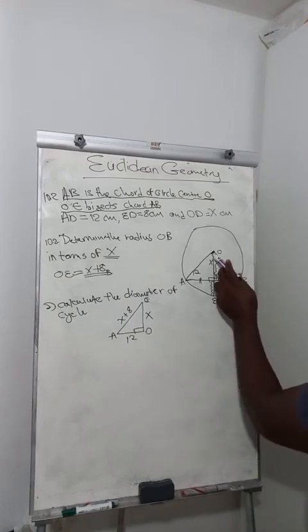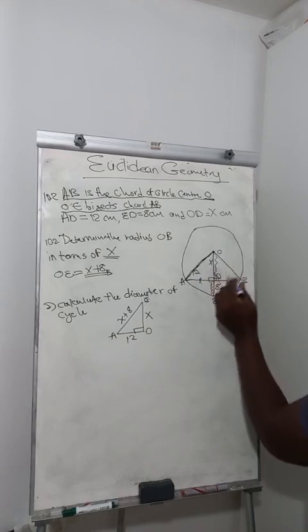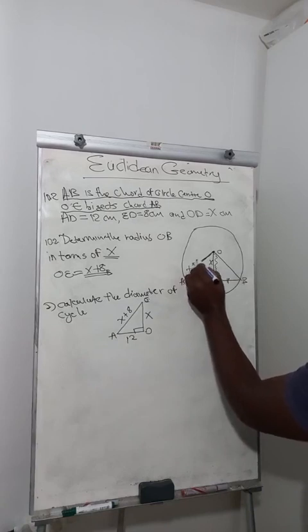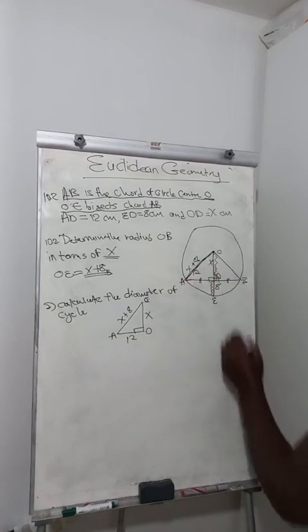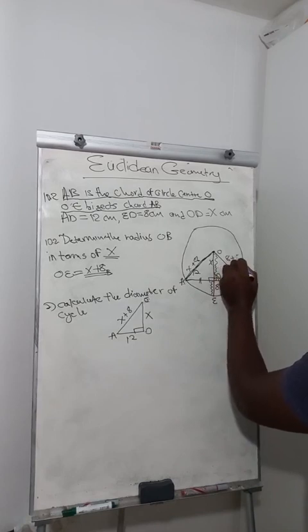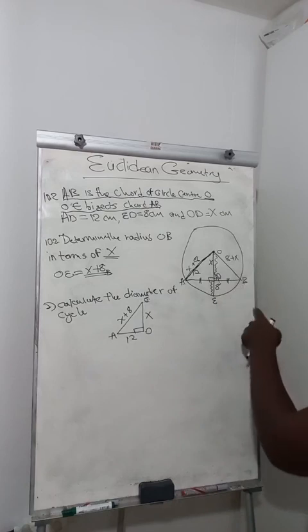Because here, coming from here up until there, it's a radius. So it will just say x plus 8. It means also here you are having 8 plus x, or x plus 8. So it's still the same thing, because it's a radius.